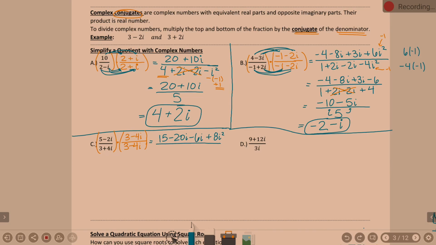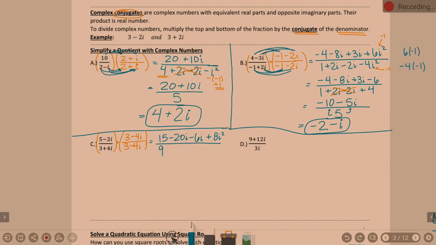Okay, denominator. If you can think like this and you know, okay, first and last are there, they're conjugates, my outsides and insides are going to cancel, you can drop those off. But make sure you know what you're doing. You're going to see me at this level, I keep putting them in there because I don't want us making careless mistakes. So, first, 3 times 3 is 9.